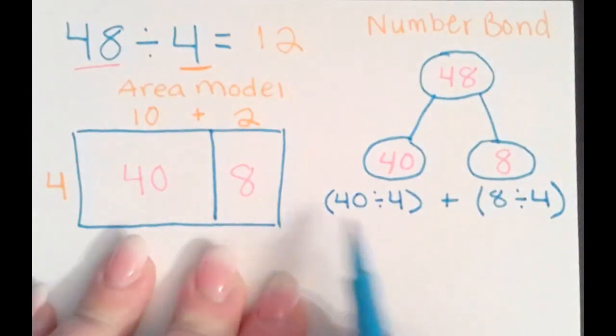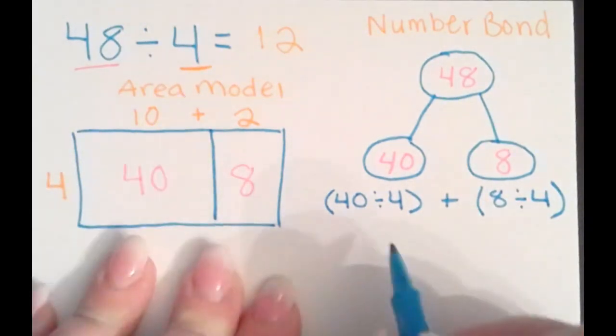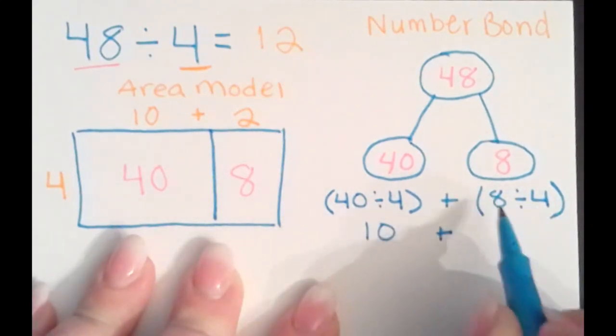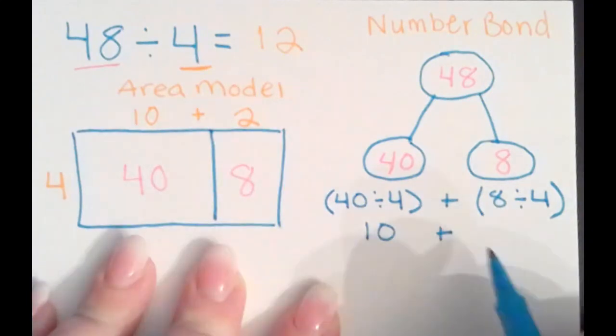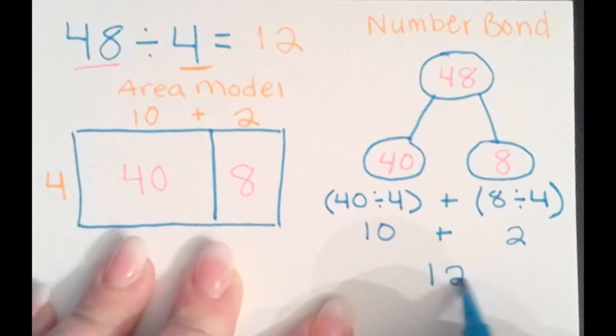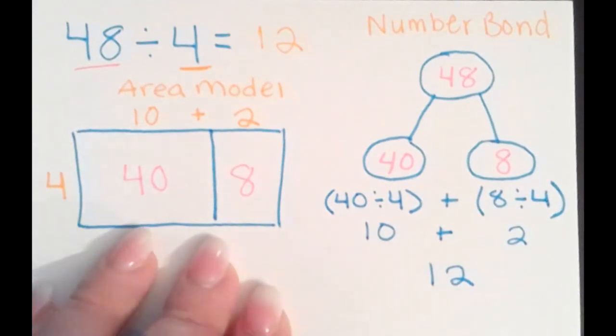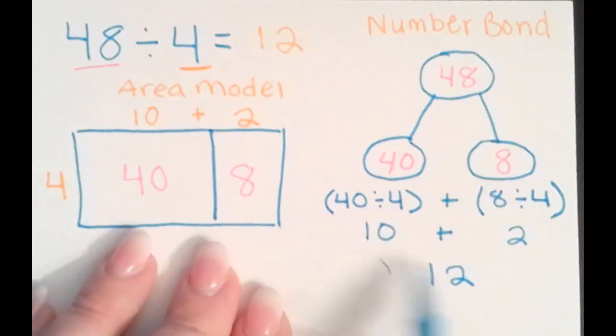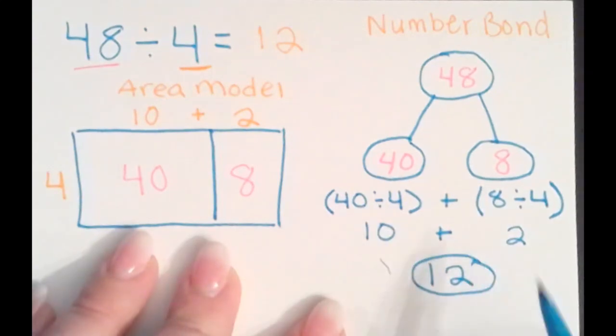Our answer to 40 divided by 4 was 10, and we're going to add that to our answer here, 8 divided by 4, which we said was 2. And so 10 plus 2 is 12. So that means that 48 divided by 4 gave us 12.